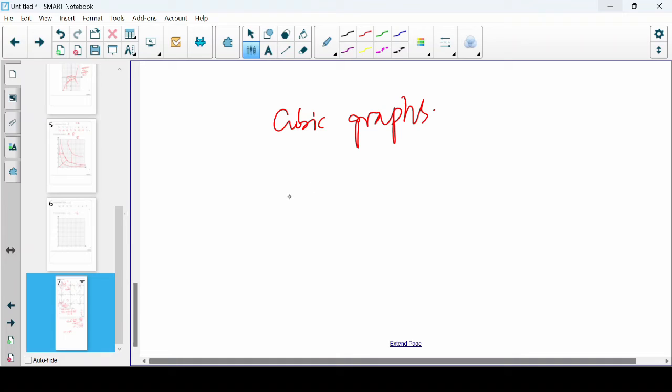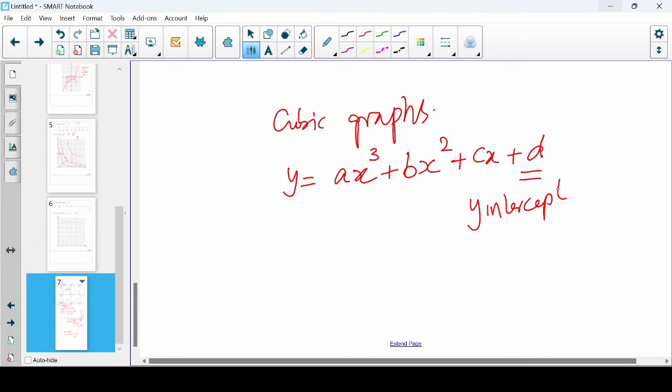In the cubic graphs, the general equation would be y is equal to ax cubed plus bx squared plus cx plus d, where d is the y-intercept, and you should look at whether this ax cubed value is positive or negative.